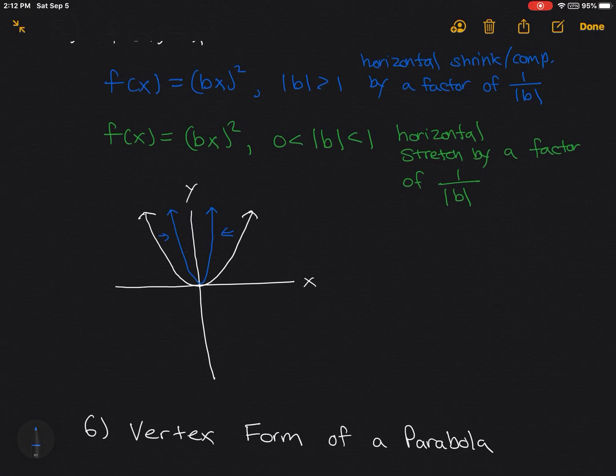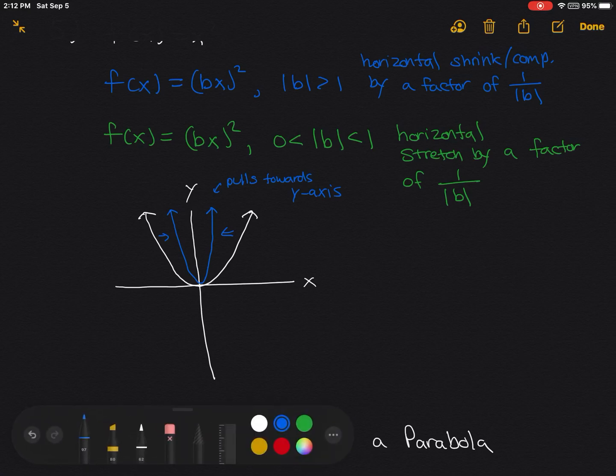So that's what a horizontal shrink does to the graph. It pulls towards the y-axis. Now, what about a horizontal stretch by a factor of 1 over b?